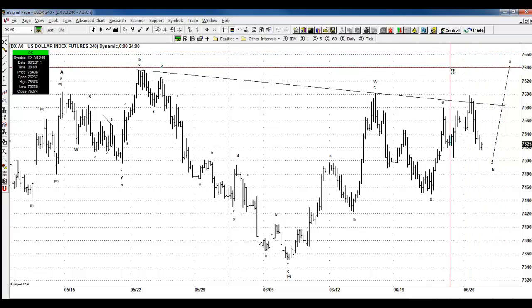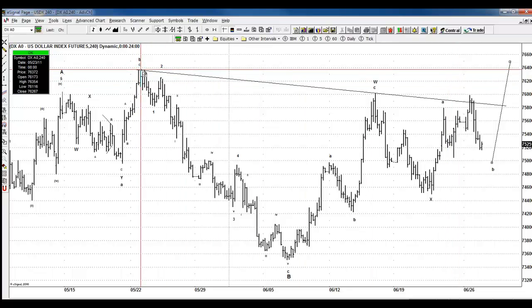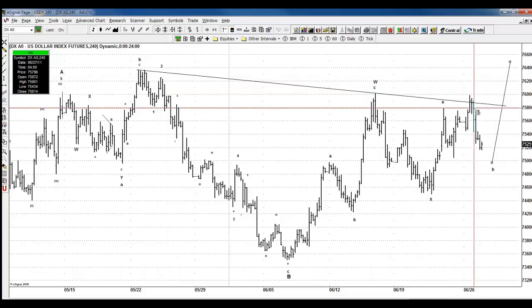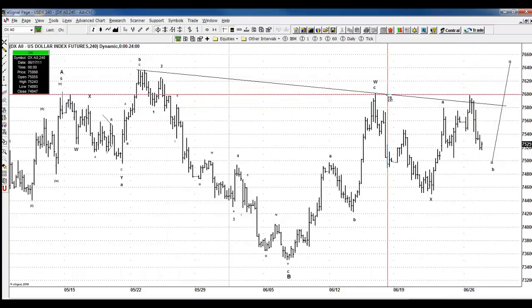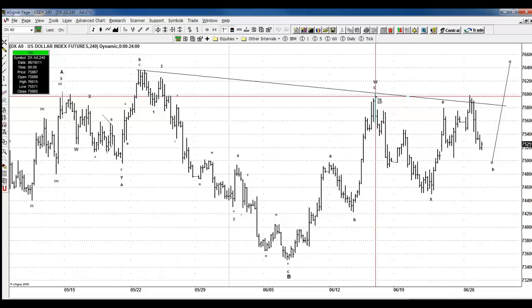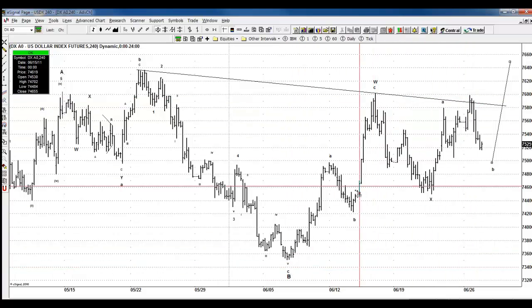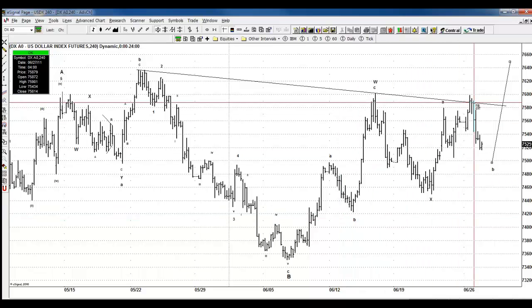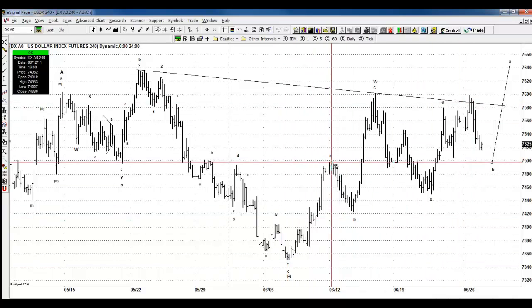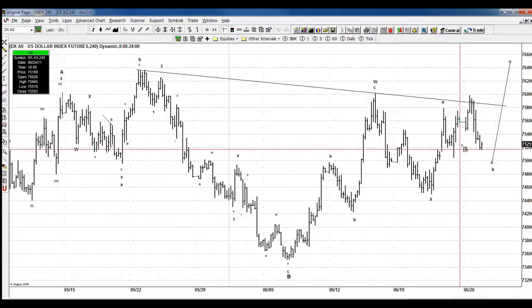Now, this is one of the reasons, guys, I don't like the triangles. And maybe it's the one in place in the euro, but look, ideally, if this is the triangle on the dollar, it breaks higher above this wave right here. So technically, this whole move needs to be one wave. And what you got is 1, 2, 3, 4, 5, 6, 7.